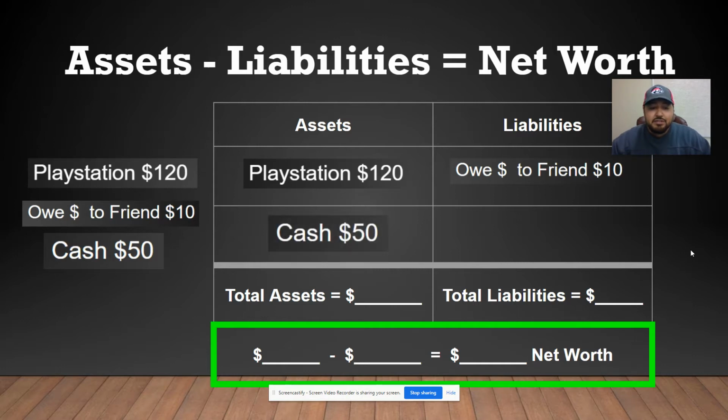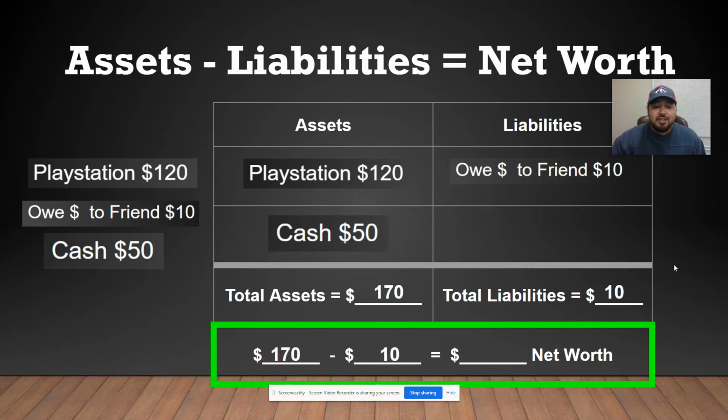And so their total assets, if we were to add these two, that is 120 plus 50 would be $170. They still owe their friend $10 though. So the total liabilities is only $10. So if they were to try to pay their liabilities with their assets, they would still have some money left over.